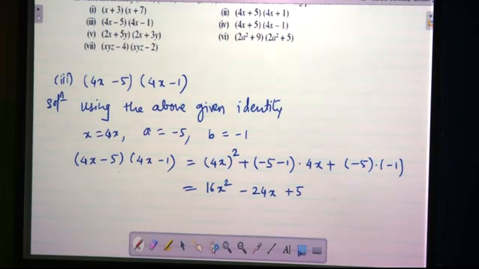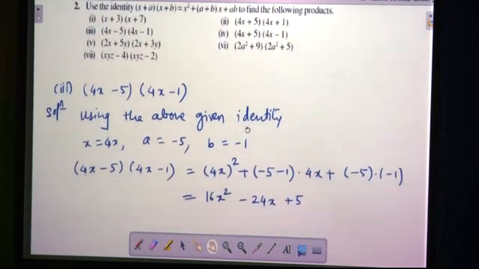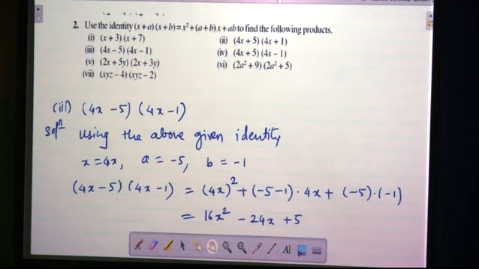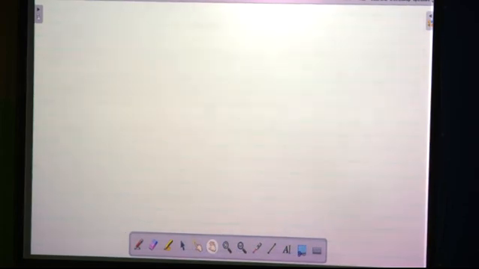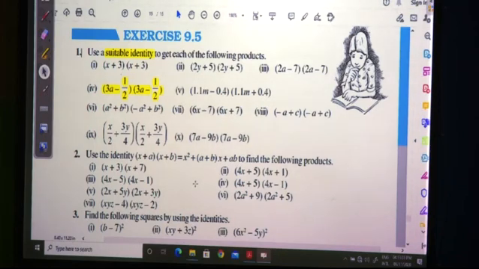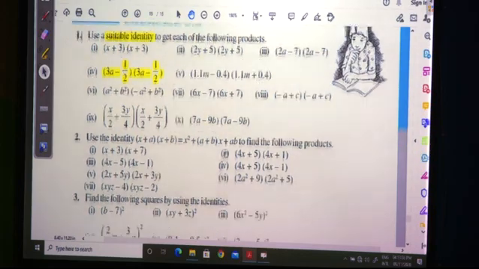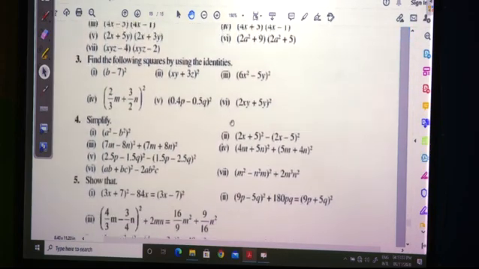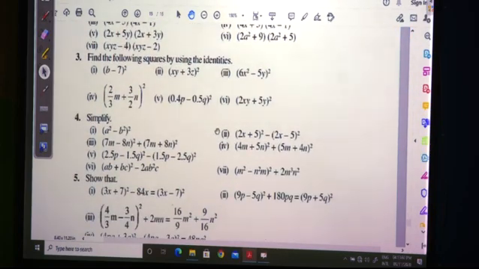So, we have tried to solve the second question. Now, let us study the third question. What is there in the third question? Find the following squares by using the identities. What they are asking? Find the following squares by using the identities.